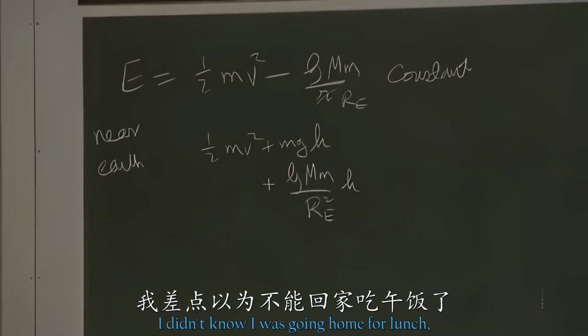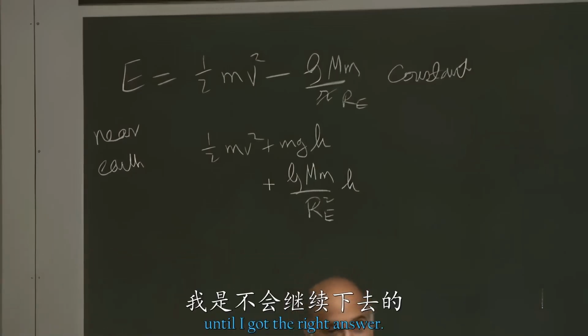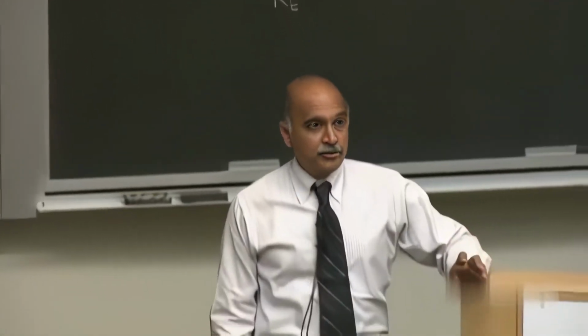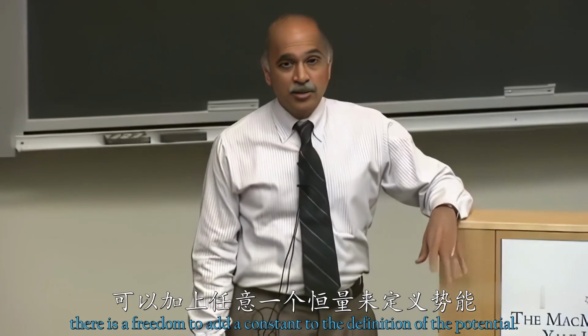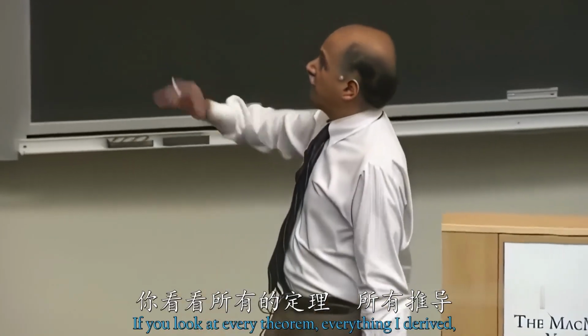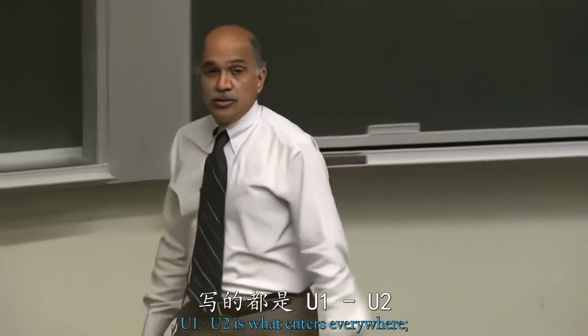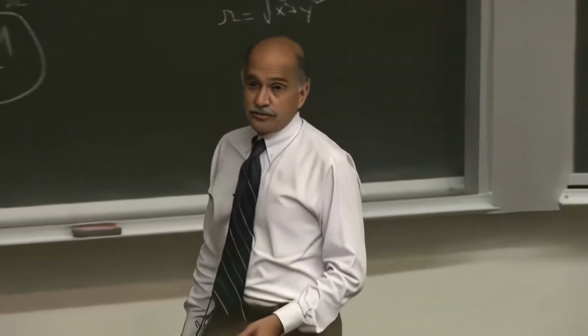Thank you. I was not going to go home for lunch because I was not going to proceed till I got the right answer. The right answer is that when you define a potential, there is a freedom to add a constant to the definition of the potential. If you look at every theorem, everything I derived, including the stuff I hid under the board, U1 minus U2 is what enters everywhere. The change in kinetic energy is U1 minus U2.